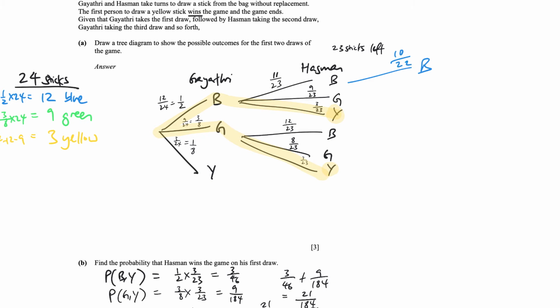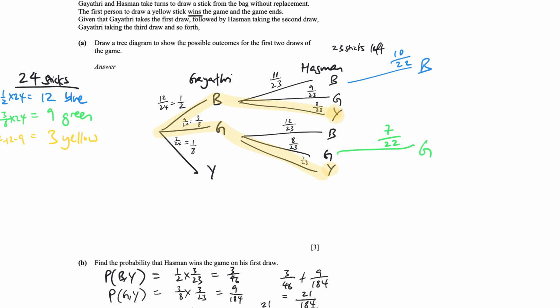And so for the green, green, green one, to get green again, it will be 9 over 24. You took 1 away, you get 8 over 23. If you take 1 more green away, you should get 7 over 22. Right? 7 green sticks left over a total number of 22 left.